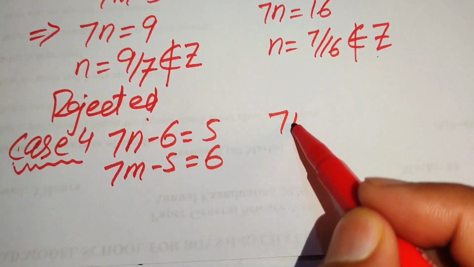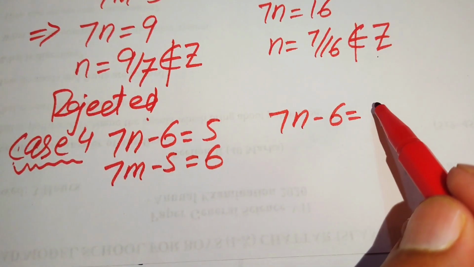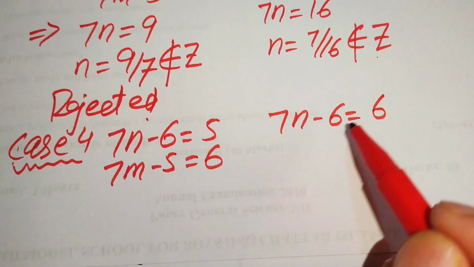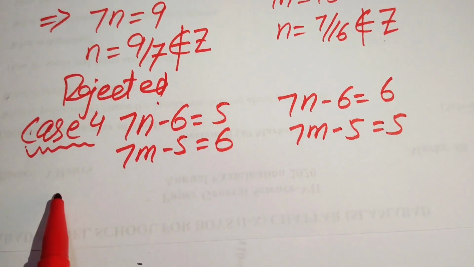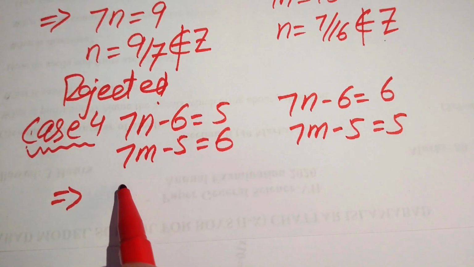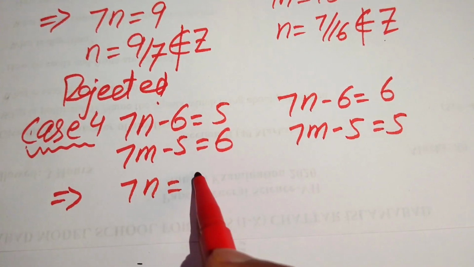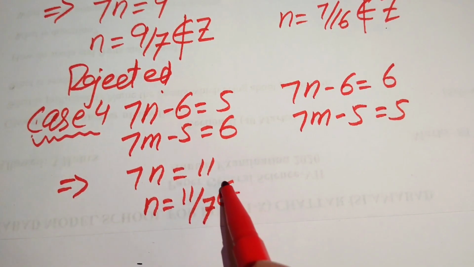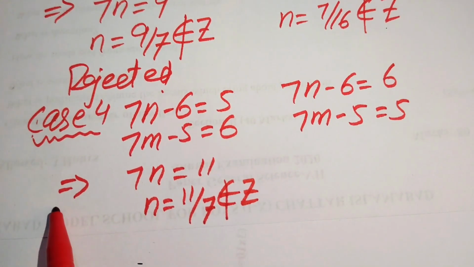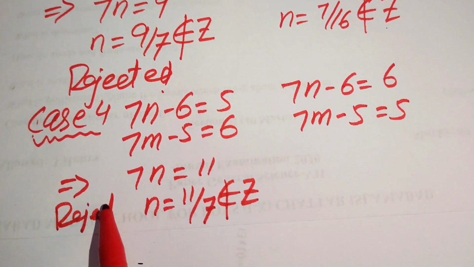Similarly, 7n minus 6 equals 6 and 7m minus 5 equals 5. In the first case you get 7n equals 11 and n equals 11 over 7. It does not belong to Z, so we reject this case.